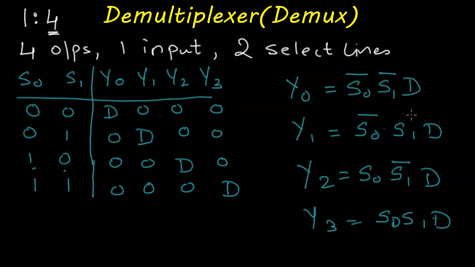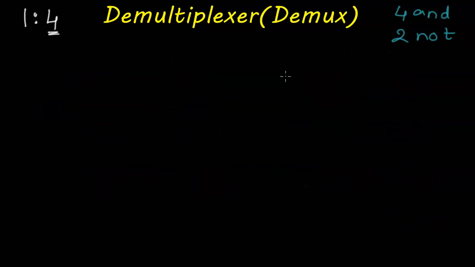So here we have our equations for my 4 outputs, and we can see we have 4 equations, so 4 AND gates. So we have 4 AND gates and 2 select lines, so we have 2 NOT gates. So let us see how my demultiplexer is going to look like, AND gates and the NOT gates. Let's try and draw 4 AND gates first.